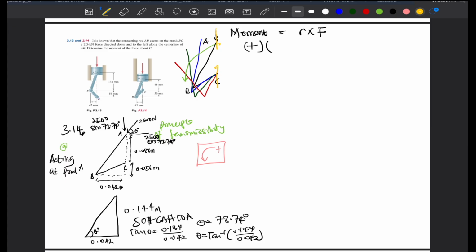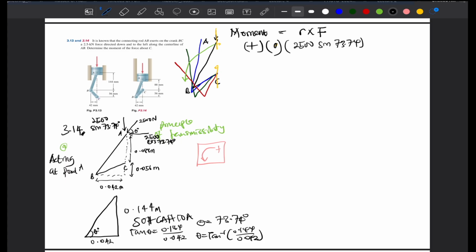If we look at our question here, we can see that the points of application A and B are on a straight line, so there's no distance between these parallels, as they will be on the same straight line. So our perpendicular distance here has to be 0. So we write out our force, 2500 sine 73.74.